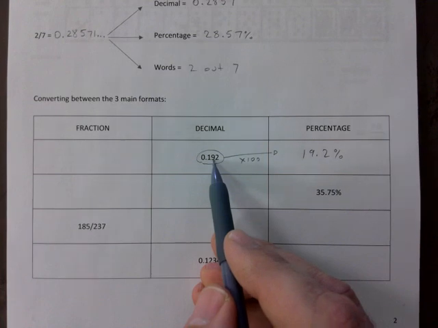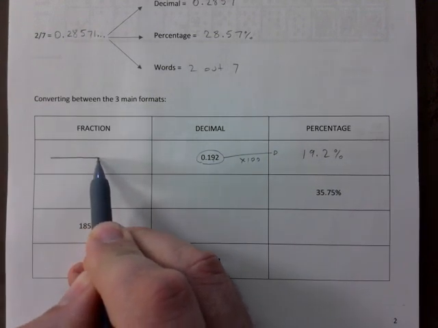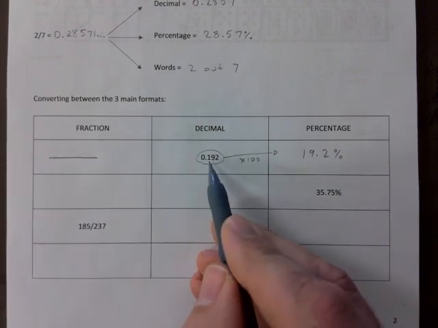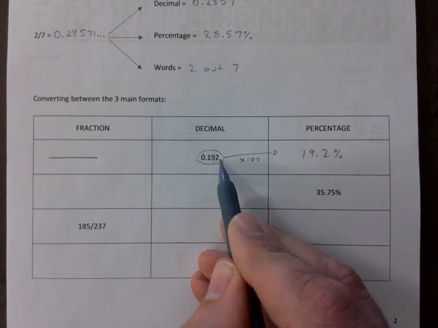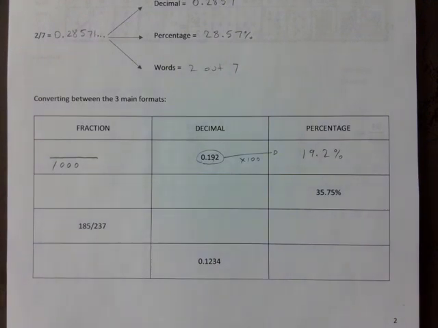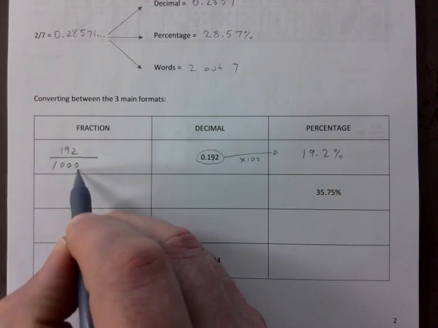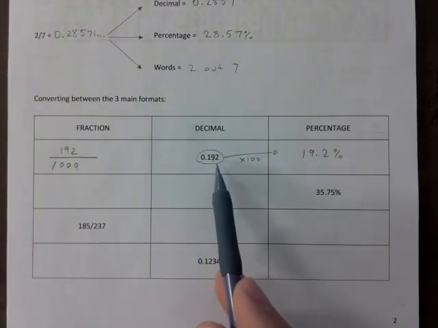How do you turn that into a fraction? Oh, this is how you do it. Follow me. These are the tens, right? Hundreds, thousands, right? So there are 192 thousands in this number right here.